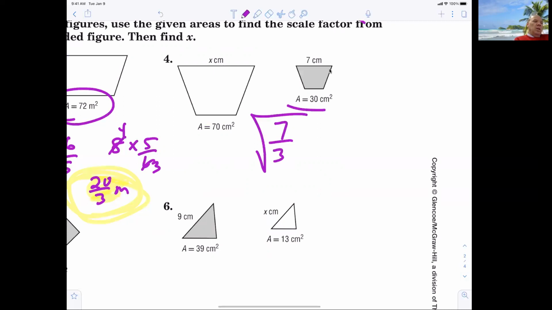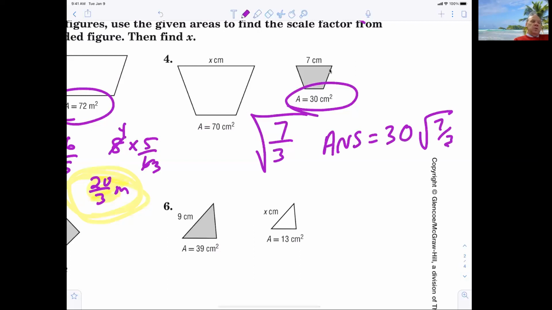Now, am I getting larger or am I getting smaller? So what am I going to do with that answer? Multiply it by what? What am I multiplying though? So the answer is 30 times the square root of 7/3.